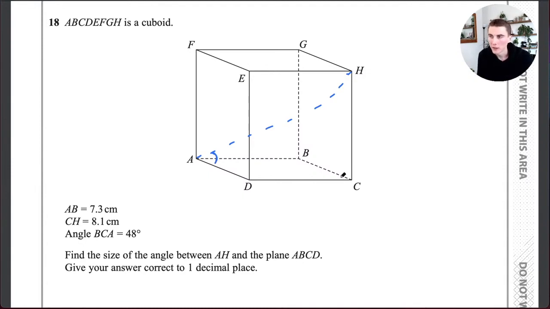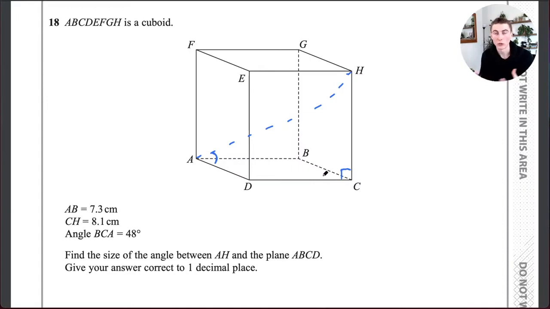Nicely though, this angle down here will be 90 degrees. So this is 90 degrees down here. We're not sure exactly how we're going to do it because we need to think about what numbers we're given. But if you want to find this angle and you've got a right angle triangle, you can use your SOHCAHTOA rules.